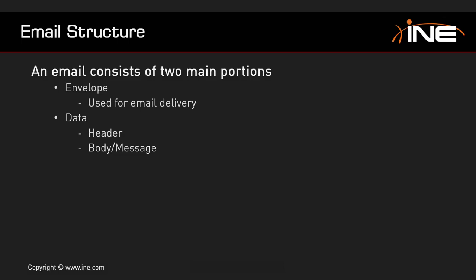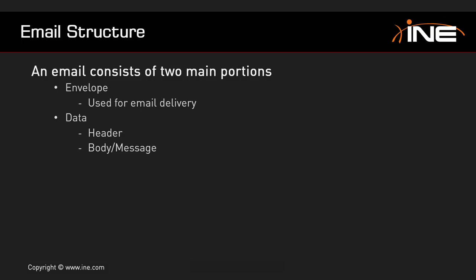It's only going to be the data that the client application will eventually see and display to the user. The data portion consists of the header and then the body, or just the actual message, where the header is talking about multiple header fields, like for example subject, to, and from, and then the body makes the actual information that we want to send to the recipient, including the optional attachments.